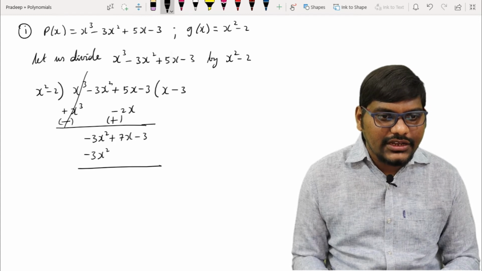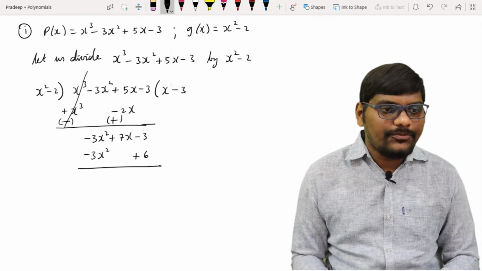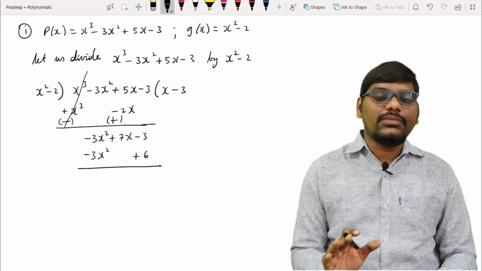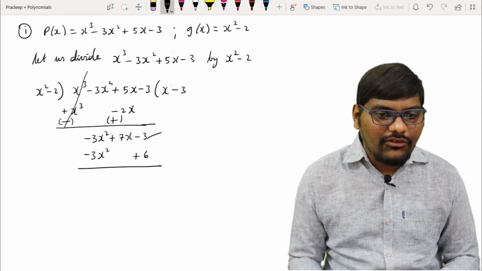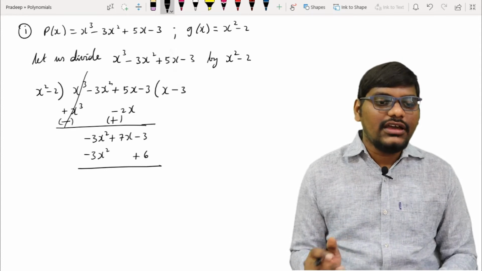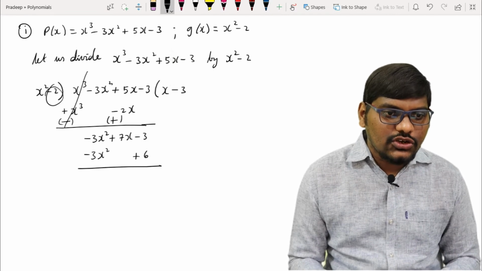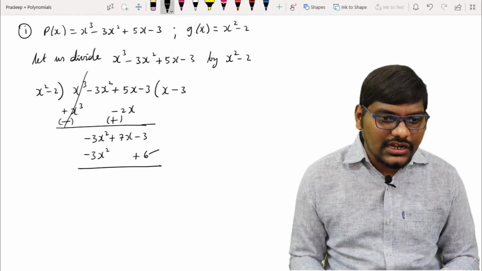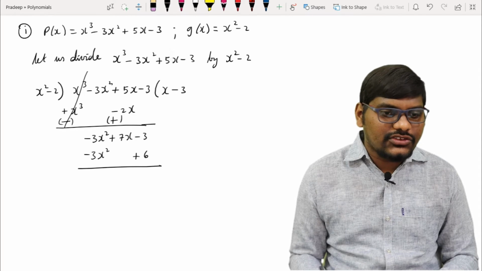So I should write plus 6 over here. We should write it only in the place of whatever the power is, with the coefficient and the variable. 2 threes are 6, we got that, and I'm writing it under this value.